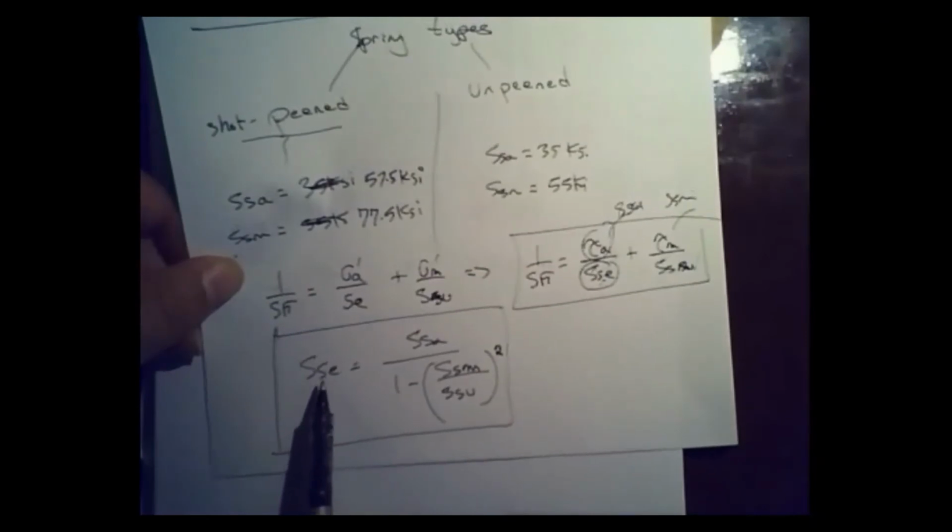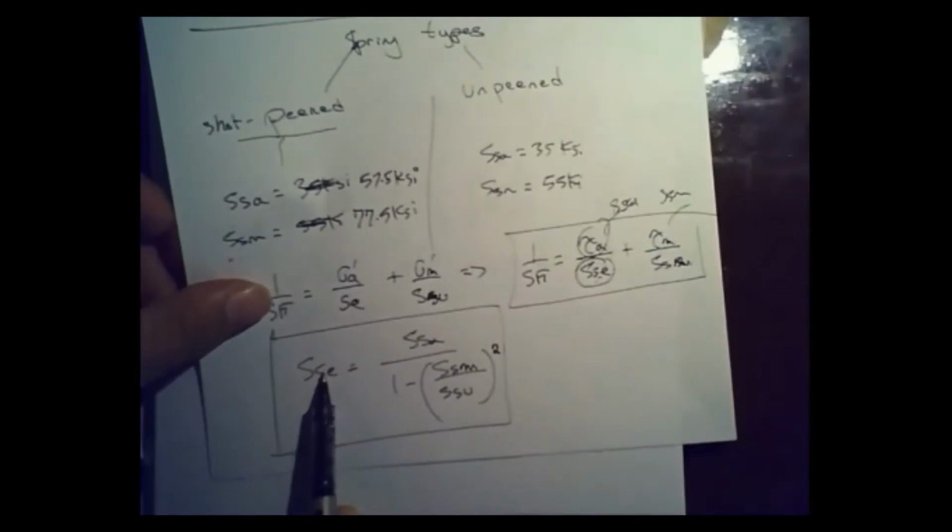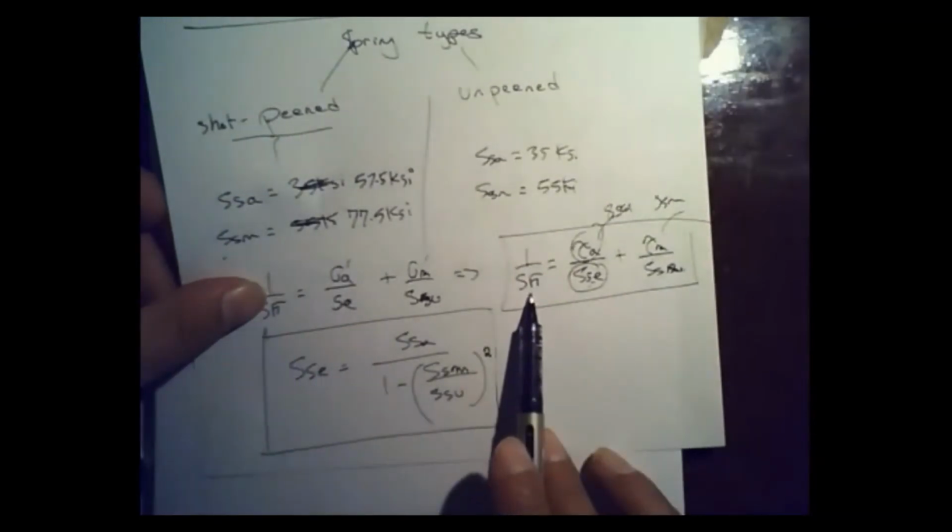So this would be your first step. Now that we have calculated our SSE, I could come back and calculate my safety factor based on the modified Goodman.